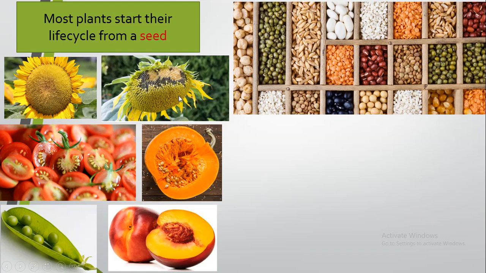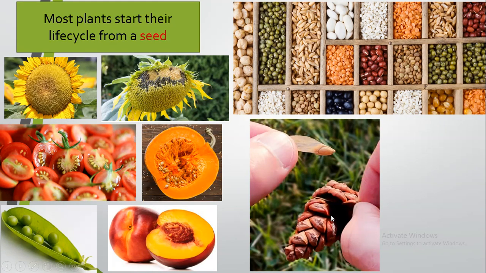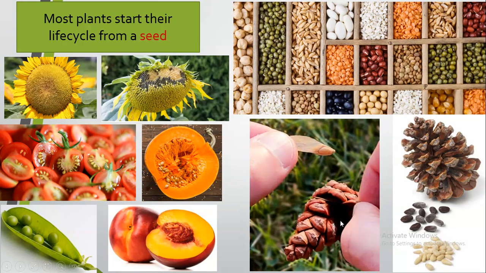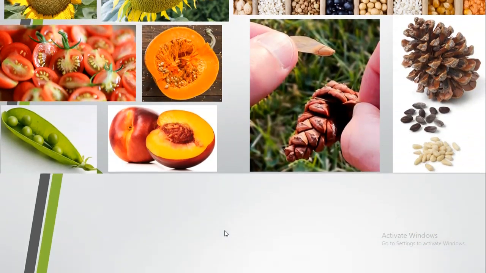So you can find seeds inside fruits, or inside cones. This is a cone. And these are seeds. You can find these seeds inside the cone. So plants make seeds inside fruits or inside cones.